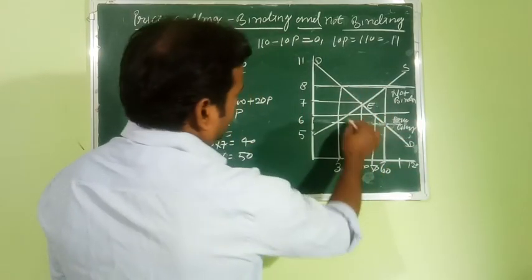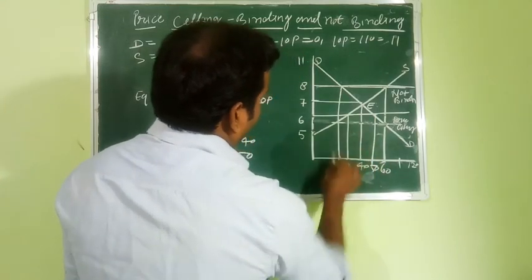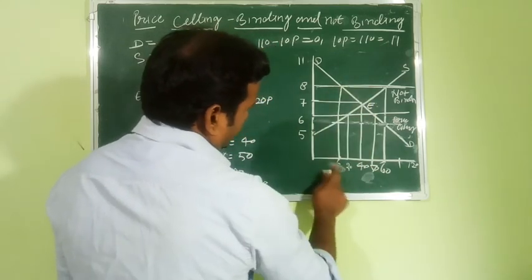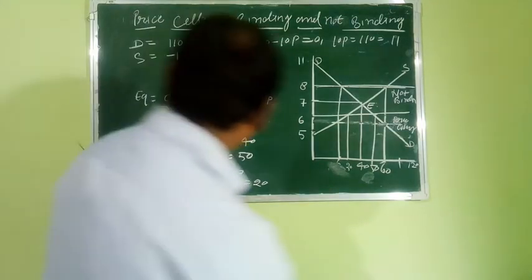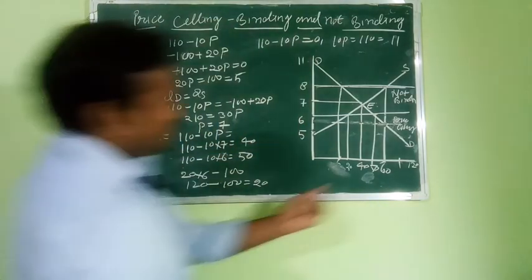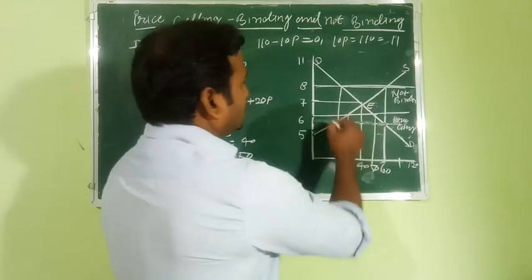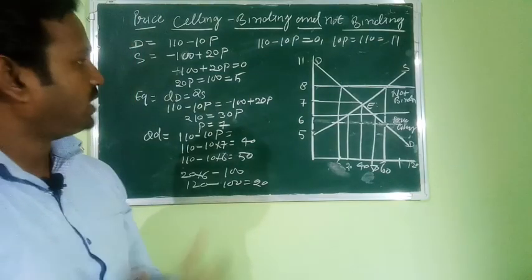Supply is 20. There is a 40 quantity demand excess. So in this case, the government needs to put a maximum retail price.